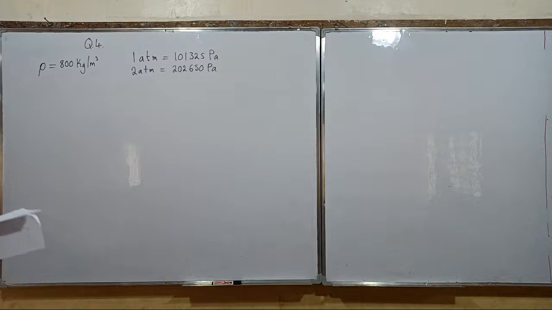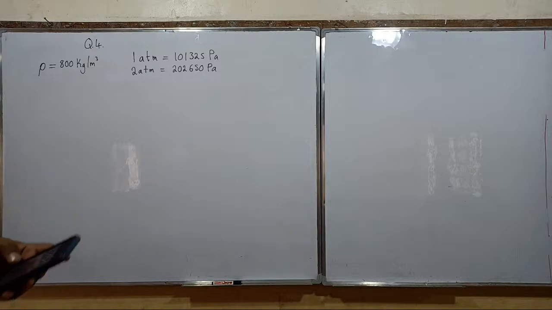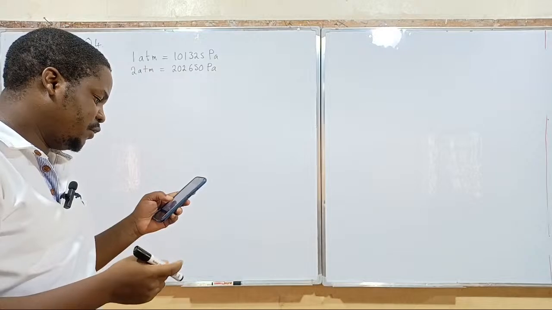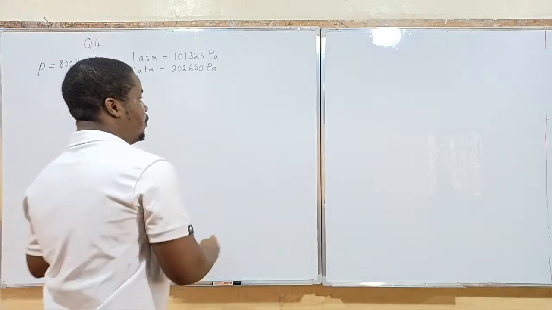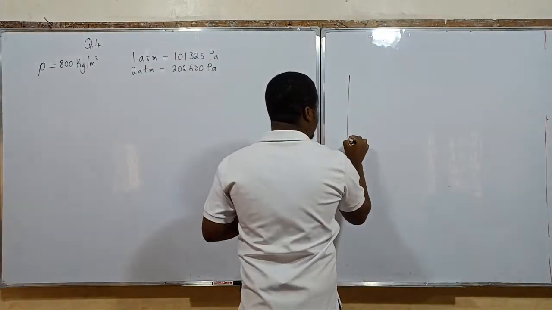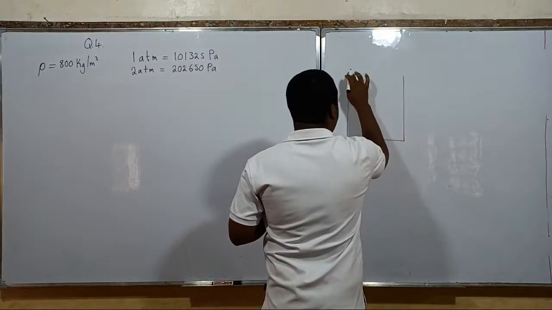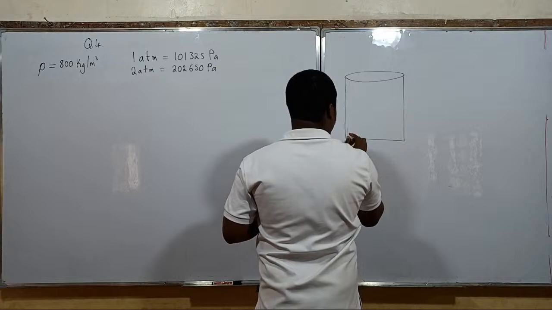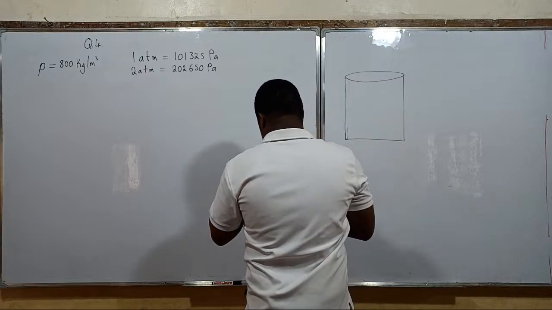Okay? Now, let's understand the question before we answer it. It's not about the answer, it's about understanding the solution. It says a liquid of density 800 is filled in a large vessel, open at the top. Let's draw a rough vessel. This is our vessel. So we're saying that it is open at the top, something like that, okay?